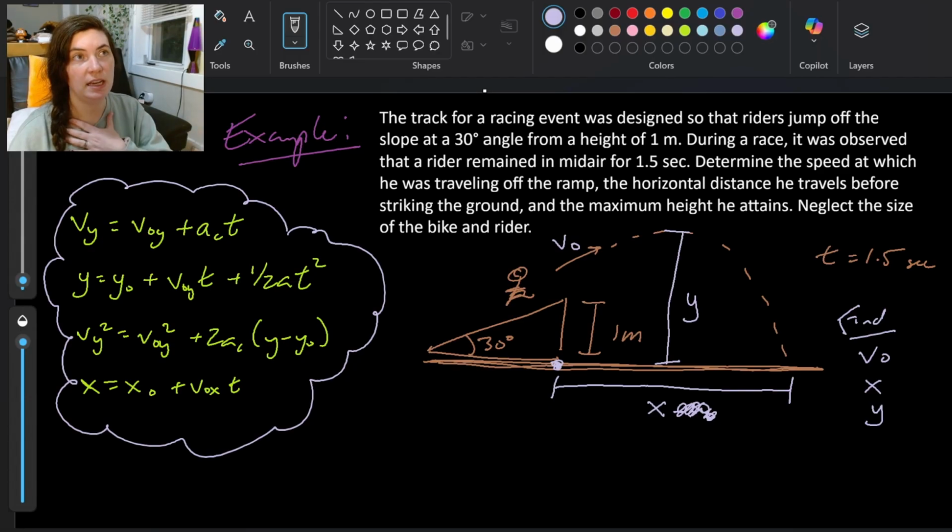For me, the one that jumps out is one that has an initial velocity in it, one that has a time in it because time is a known variable for us. Acceleration is a known variable for us. And we also know the start and end heights during that full time of travel. So really, to me, this second equation looks like it's going to be my best bet to find that initial velocity.